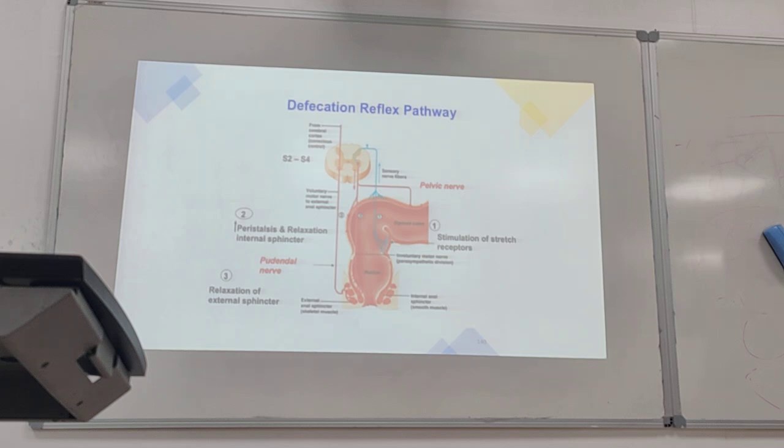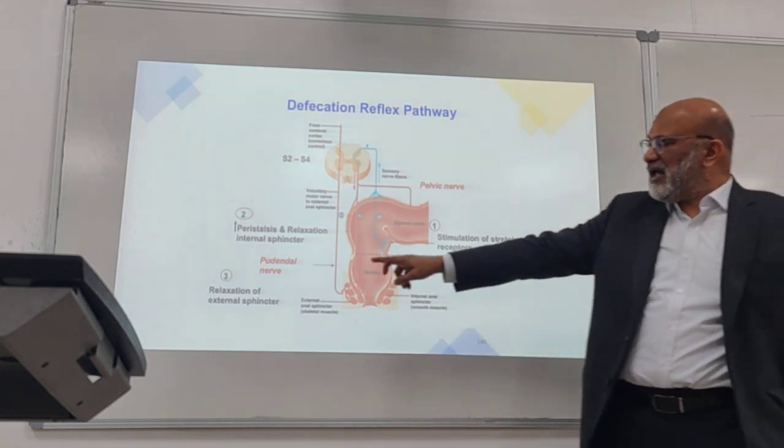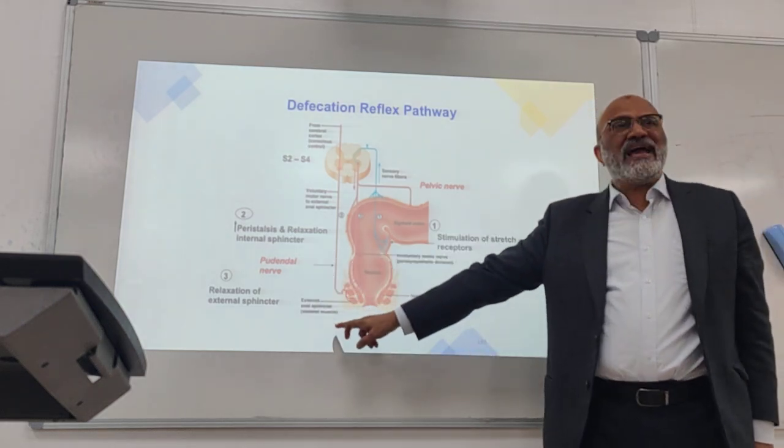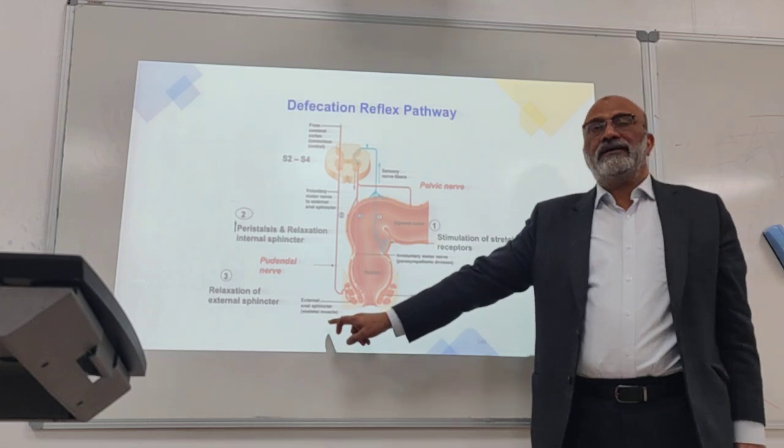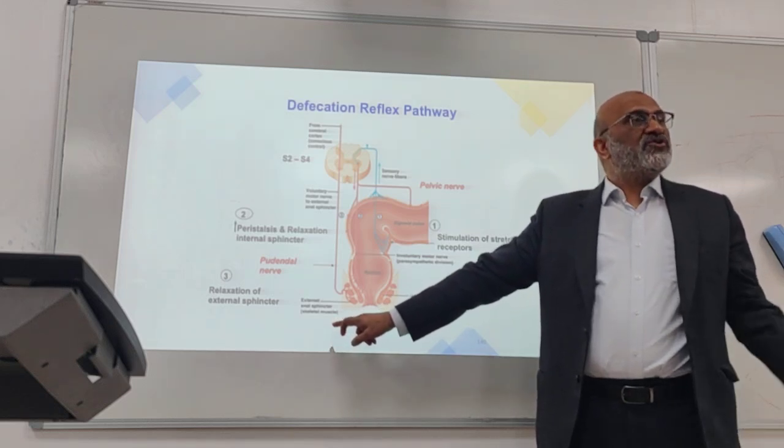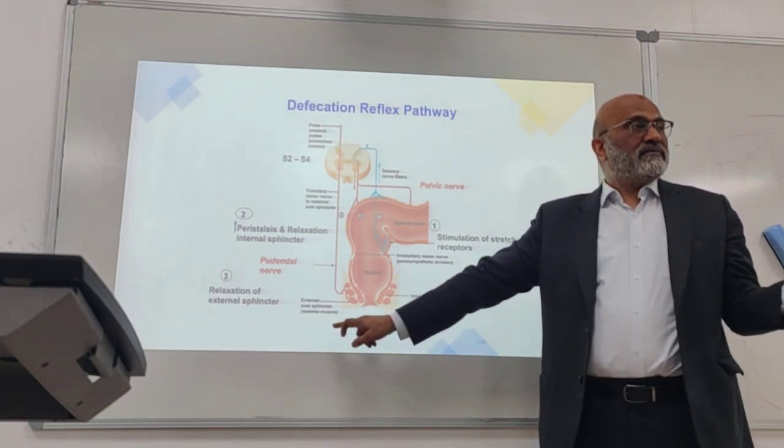This tube is now full of feces, stool, okay? And this becomes stretched. Spinal cord S2, S3. What is the reflex? Open it. But will you open it here? No. So that is why Allah subhanahu wa ta'ala has provided the pudendal nerve, which is controlling the external sphincter.